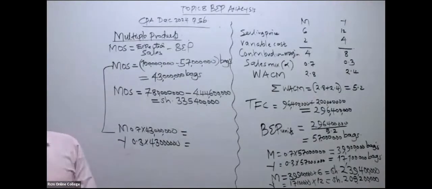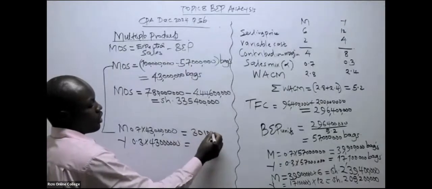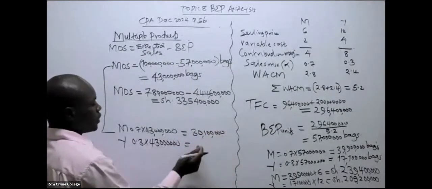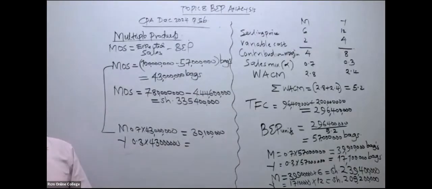What share will be taken by product M? Margin of safety for each product: 30 million, 100,000. So this will be 30,100,000. How about Y? 0.3 of 43 million.